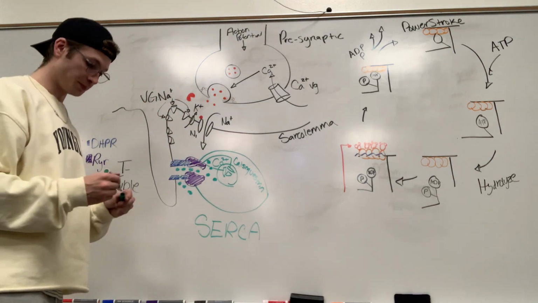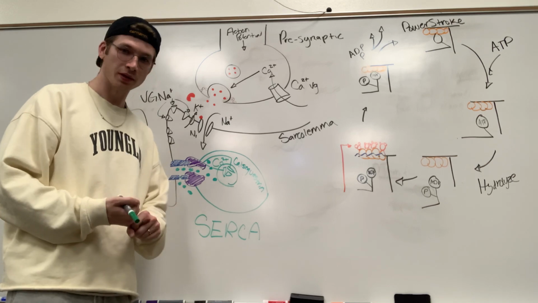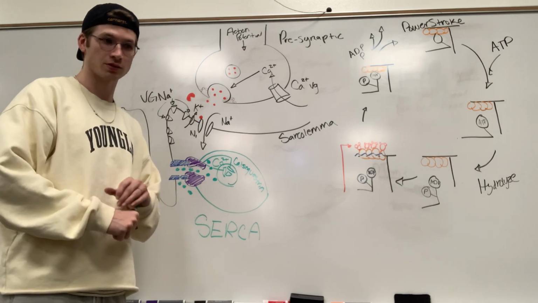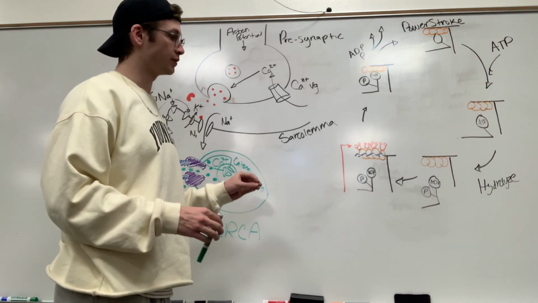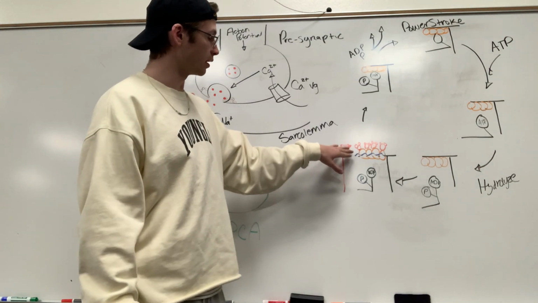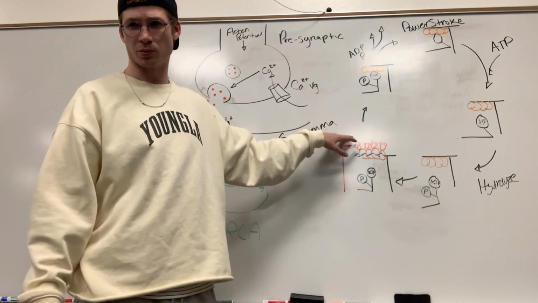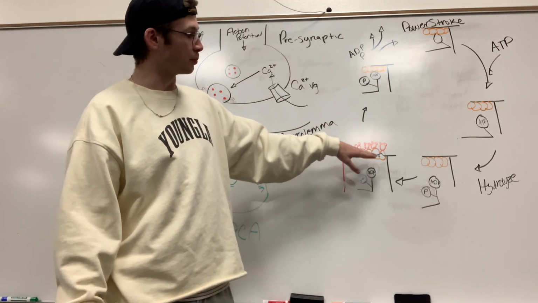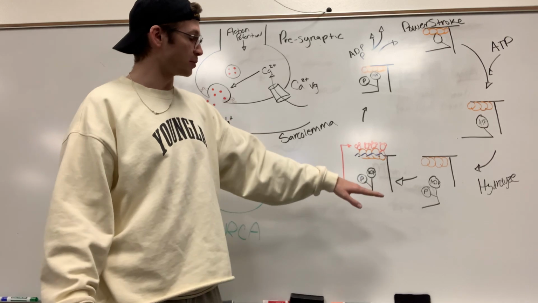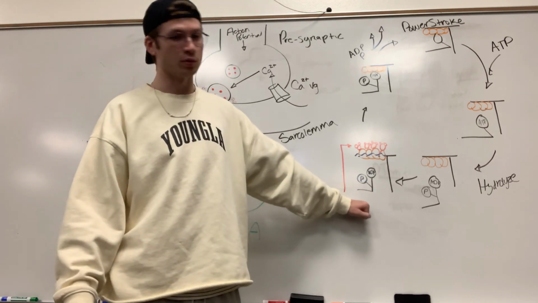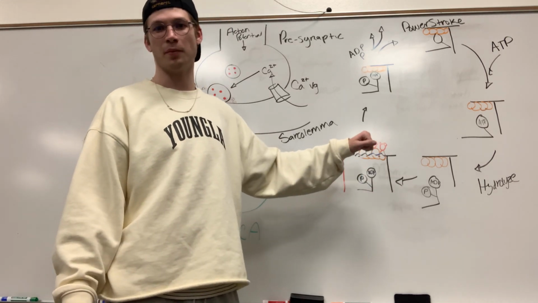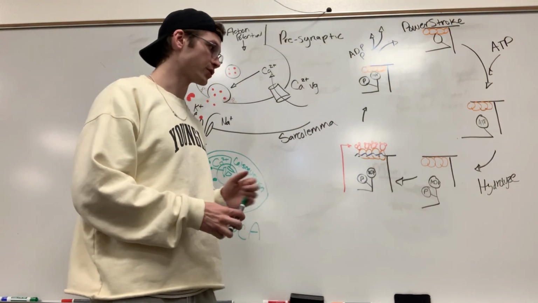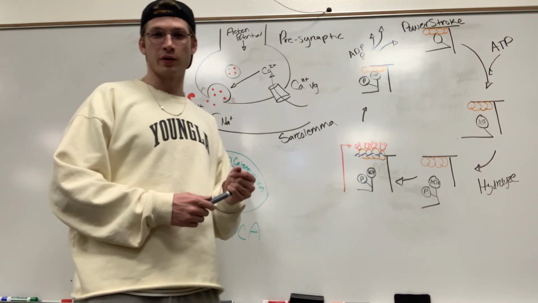All we need to know is that it uses ATP to push calcium back into the calsequestrin against its concentration gradient. When that happens, calcium is no longer attaching to our troponin C, which means tropomyosin is going to block the active sites again, so our myosin is no longer able to connect back to the actin. It's in its relaxation state, ready to go again.